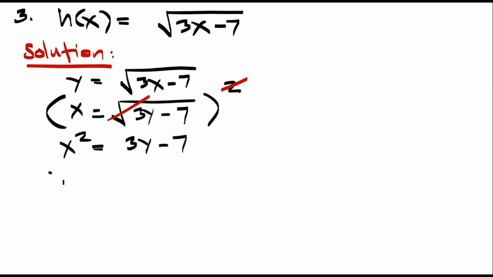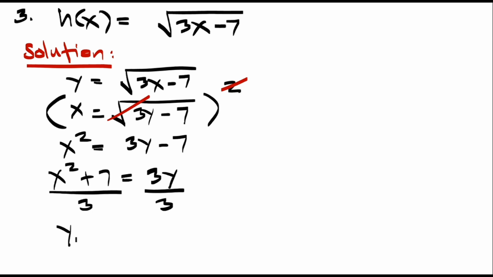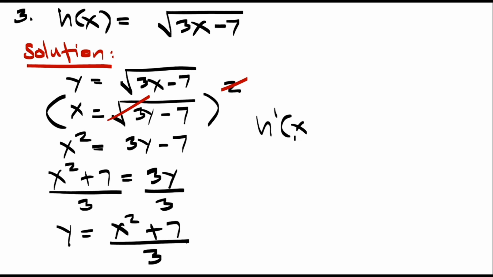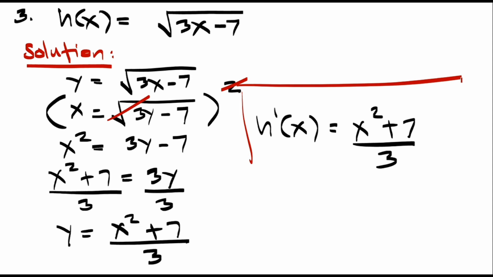Transpose negative 7, so we have x squared plus 7 equals 3y. Divide both sides by 3. We will have y equals x squared plus 7 all over 3. So this is already the inverse of h of x. But to properly denote the inverse of h of x, we write h prime of x equals x squared plus 7 all over 3. So this is now the inverse of h of x.